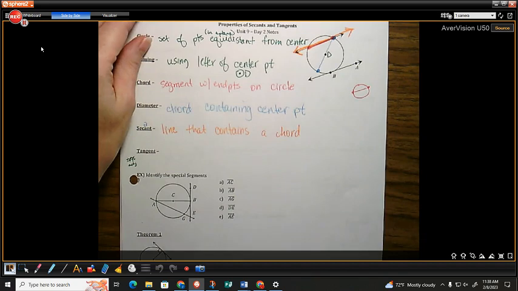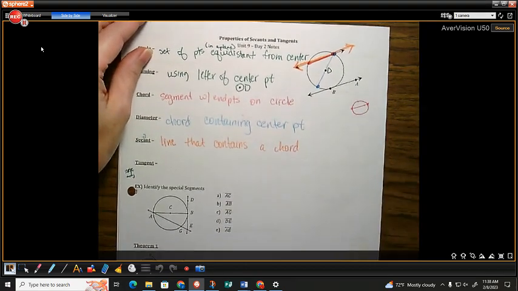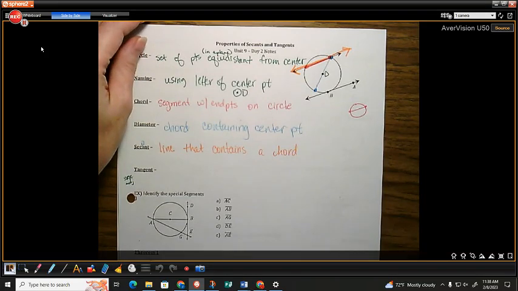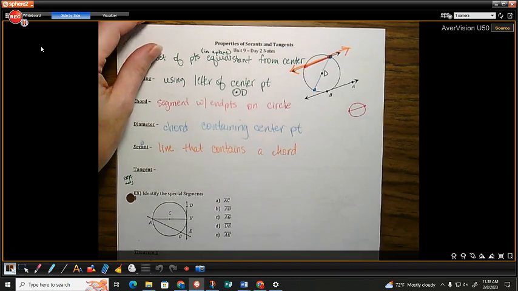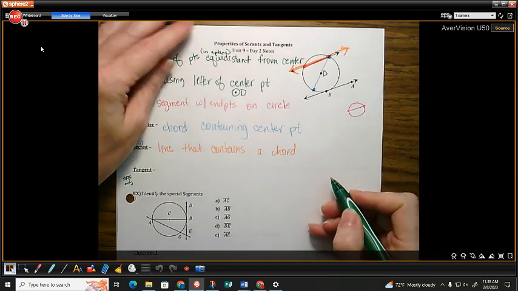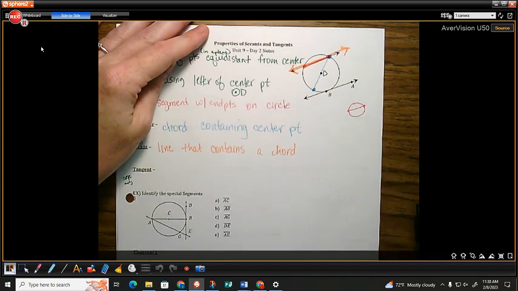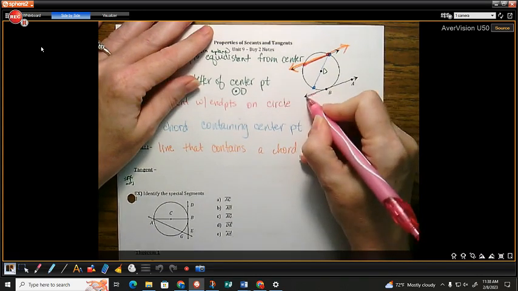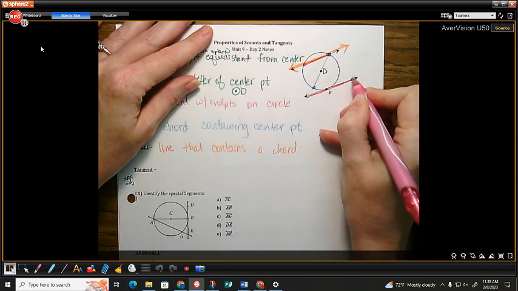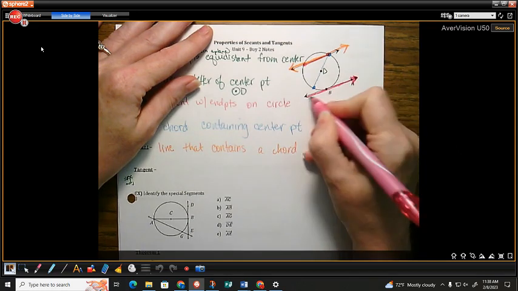What the heck is a tangent when you're talking about a circle? Well, it's something in this picture. Can you guess what it is? It's not point D, sorry. D is the center point. B. It's a line, okay?